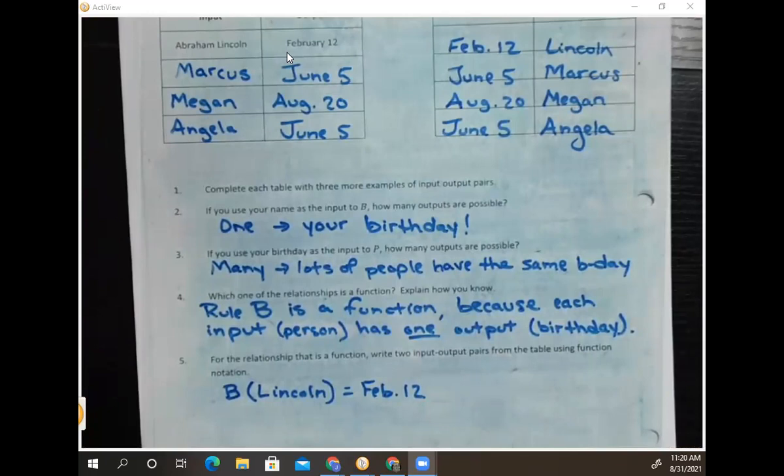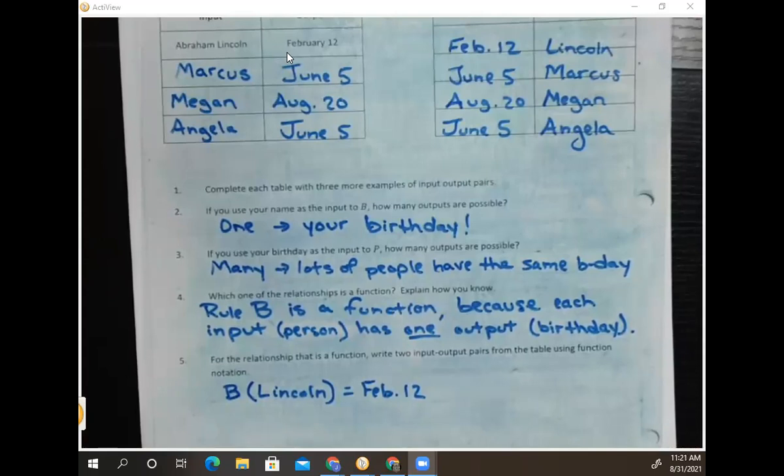Give me function notation of an input-output pair. Questions for me on page 6?